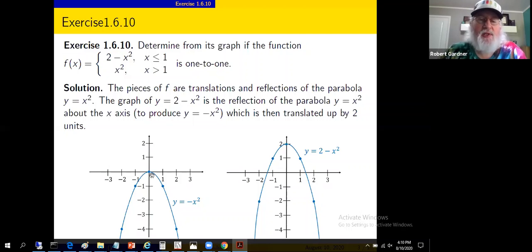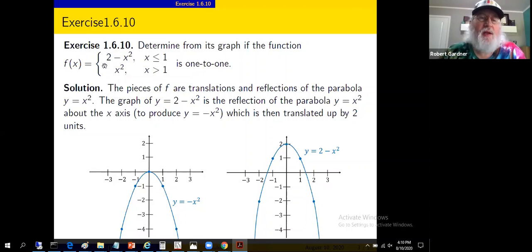So I'll plot the vertex and a handful of other points, and not just plotting points, but plotting points and using other information. That is a good way to graph. But just willy-nilly plugging in points and plotting them and connecting them, bad way to graph. Knowing what you're doing and strategically plotting points, that's a good way to graph. And we know this is a parabola. So we get this for y equals negative x squared.